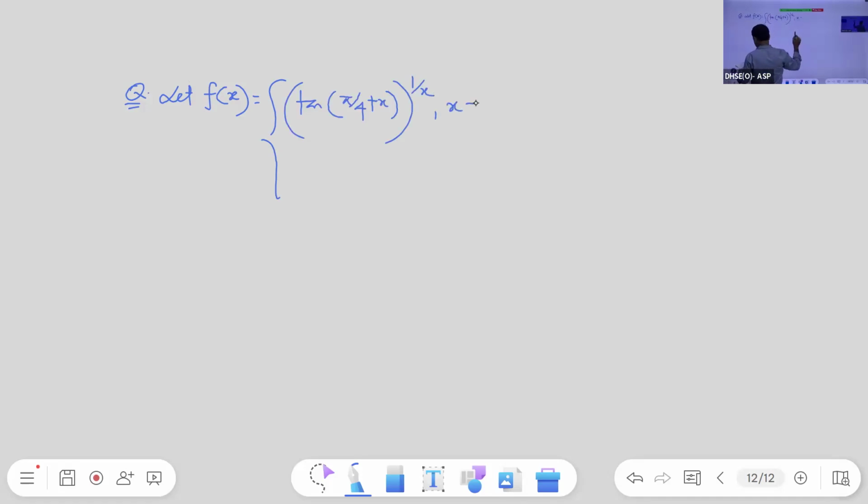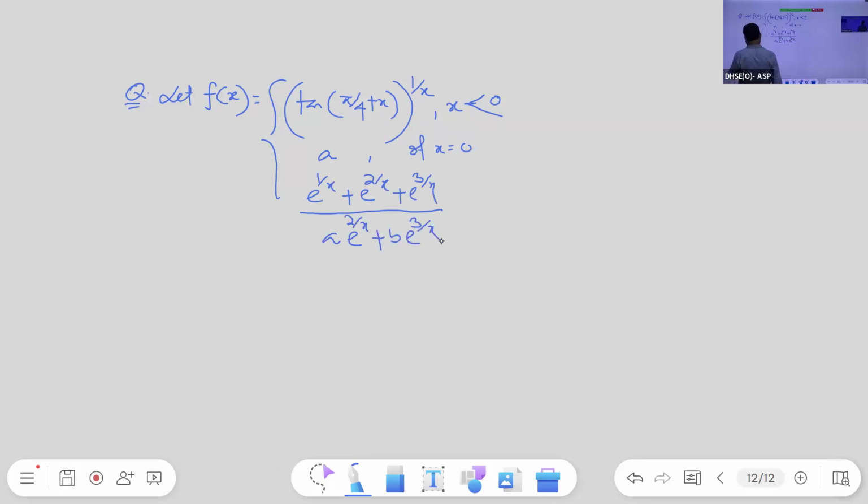Write down another question. Let f of x be equal to tan of pi by 4 plus x, whole raised to the power 1 upon x, if x less than 0; a, if x equal to 0; and e raised to the power 1 by x plus e raised to the power 2 by x plus e raised to the power 3 by x upon a e raised to the power 2 by x plus b e raised to the power 3 by x, if x greater than 0.